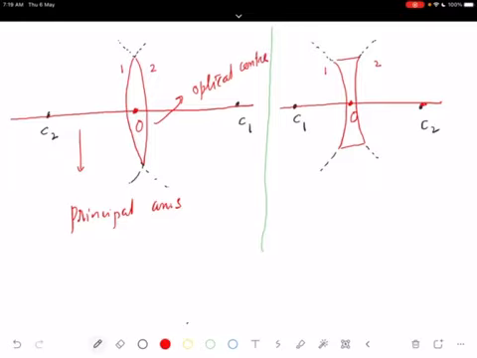So the point O, we call it the optical center. You have to remember what the optical center is. The center point of a lens is its optical center and is usually represented by the letter O. What is the speciality of the optical center? If a ray of light passes through the optical center, it goes without any deviation. That definition I'll give when I complete the next diagram.